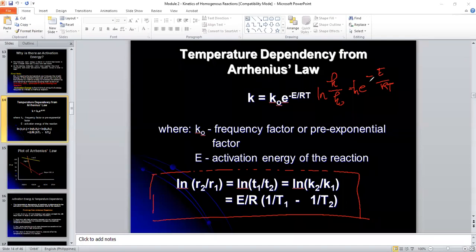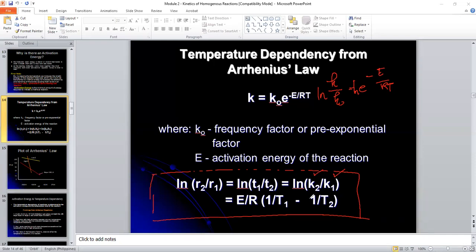Now, you notice class, we did not only limit it to the ratio of ln of k and k sub 0, the rate constant and the pre-exponential factor here. But rather, we can also change this ratio into two different k's, two different reaction constants at two different temperatures.